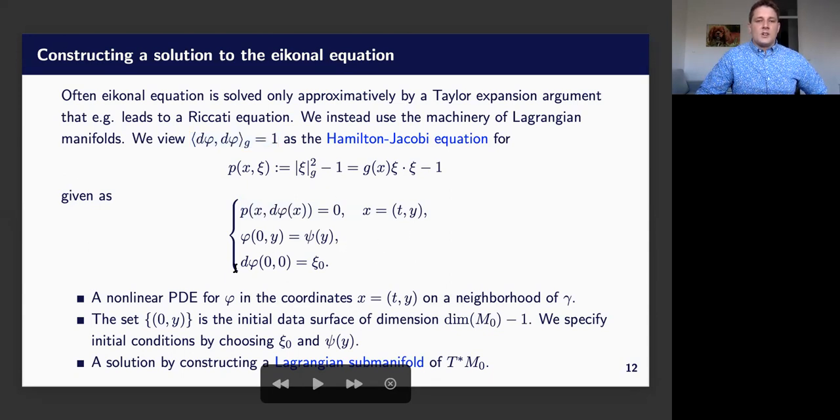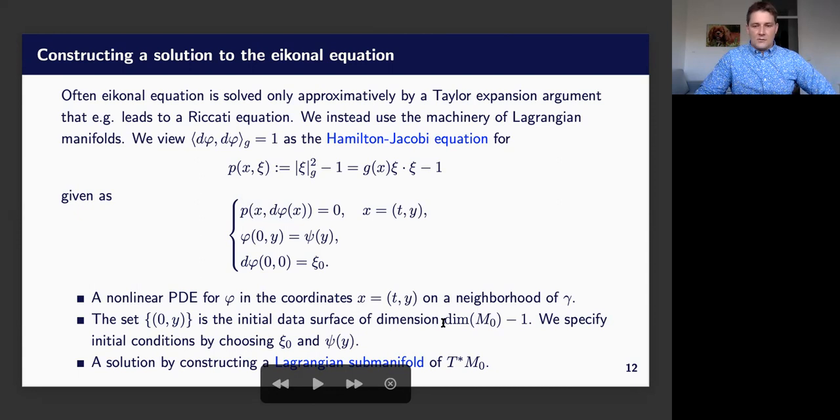So this Hamilton-Jacobi equation is a nonlinear PDE. That's because the diagonal equation is a nonlinear PDE. And now we use coordinates t, y. Remember that these coordinates were such that t corresponds to the direction of the geodesic, and y were coordinates which are transversal to the geodesic. And this is an initial value problem in the sense that we consider this set {0} times y as the initial data surface.